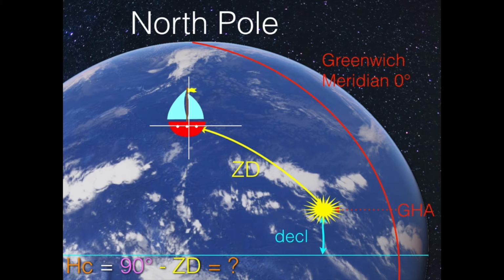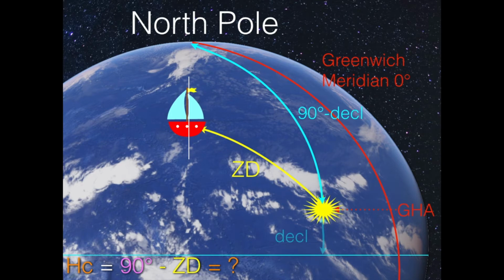Okay, let's look more at what we can find on this little nice Earth surface. We have the declination, and by knowing that the North Pole is straight up, latitude 90 degrees, then we know that this part here, this angle, is 90 degrees minus declination.